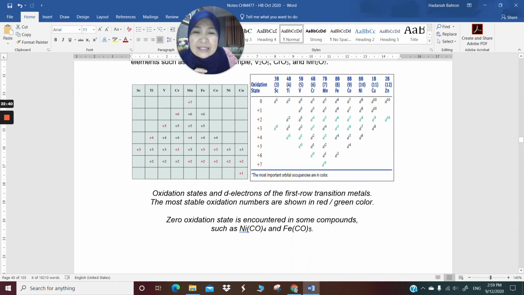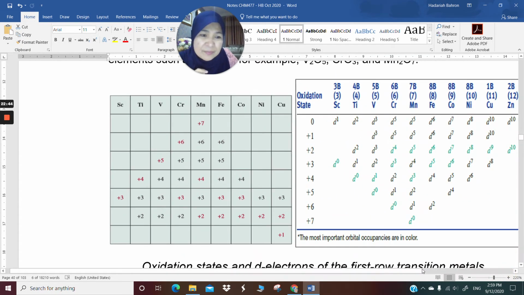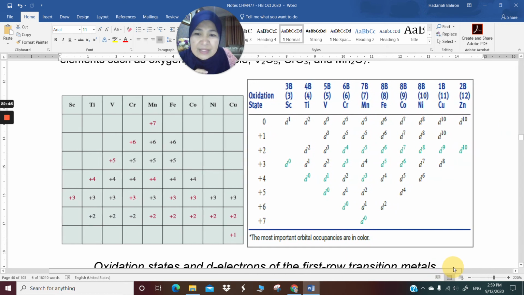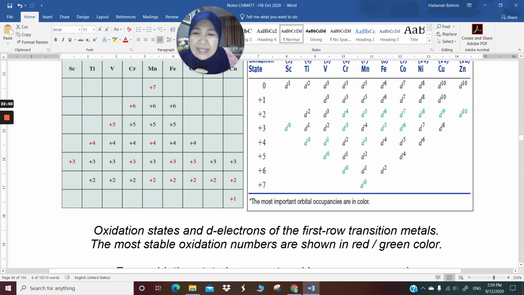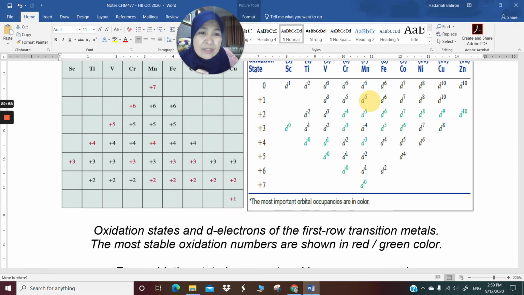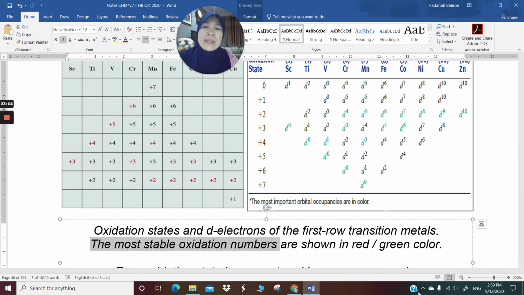So if you look at this here, let me make that a little bit bigger. The red in this diagram, or the green in this diagram here, these are the most stable oxidation numbers for that metal.